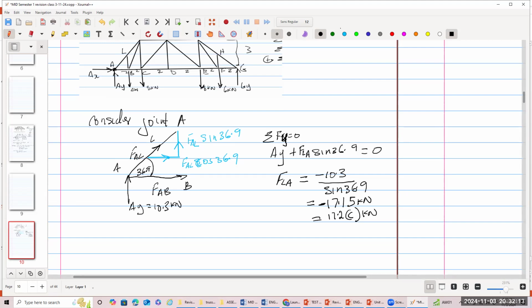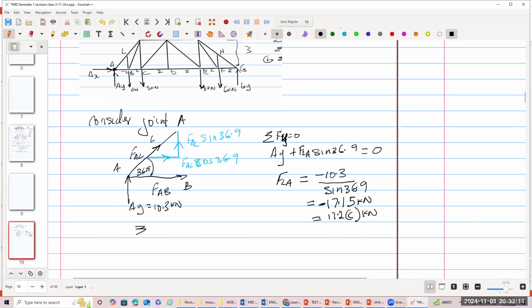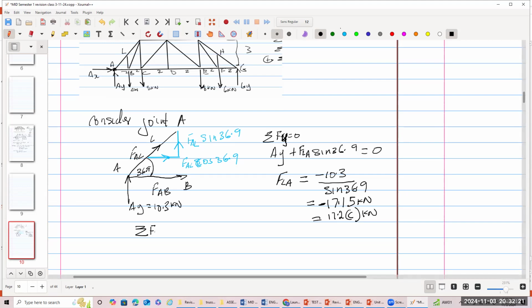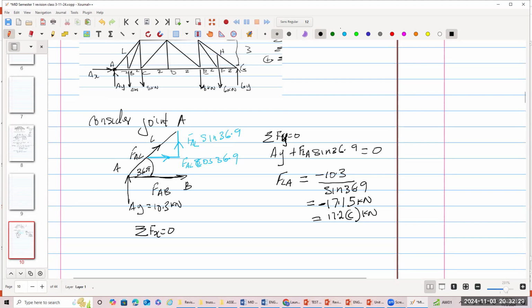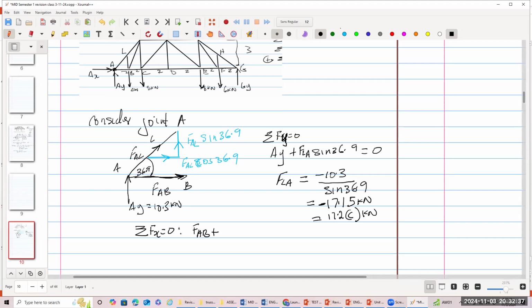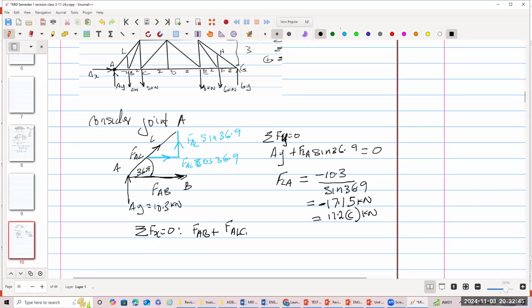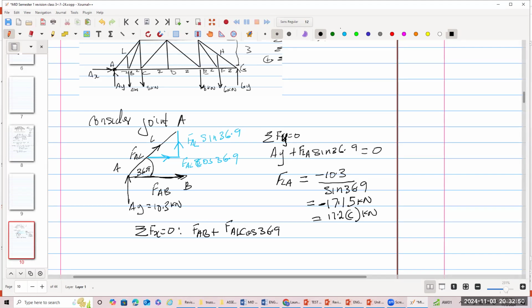We need to find AB now. So the next equilibrium equation: sum of the forces in the X equal to 0. Now we have one component, FAB, right here. So you have FAB, which is positive, and you have another one up there, which is FAL cos 36.9. Do we have any more?